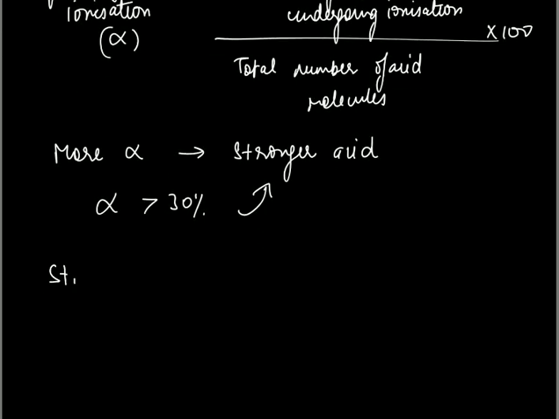So we need to remember the examples of strong acids. Strong acids, according to definition, will be any kind of acid which undergoes complete ionization in the presence of water.